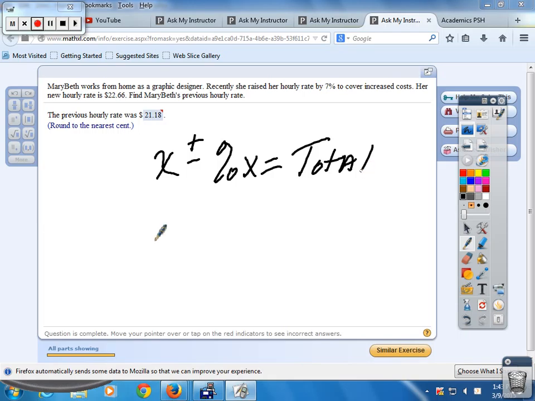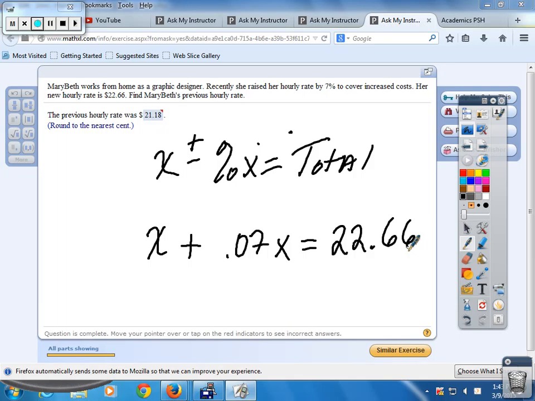We're trying to find X. Now, what does she do? Raise. I haven't yet met a student that says, okay, raise minus. Everybody pretty much, when they see raise, that means plus. X plus 0.07X is equal to 22.66.